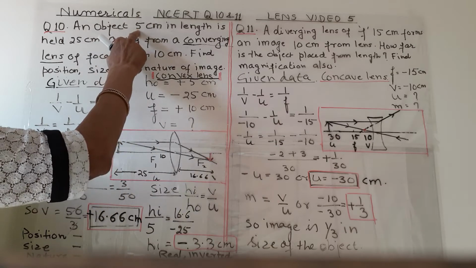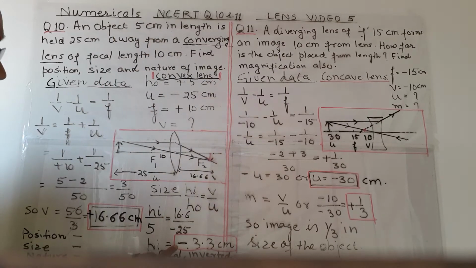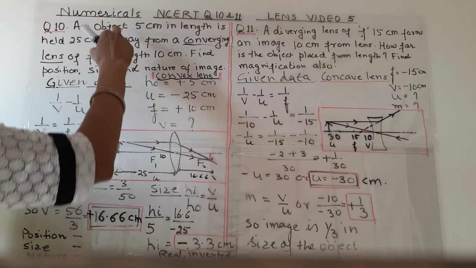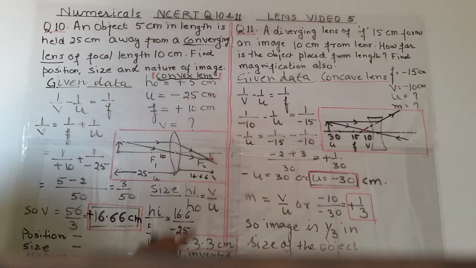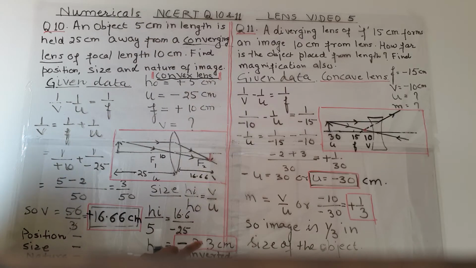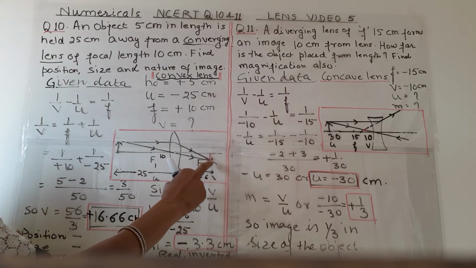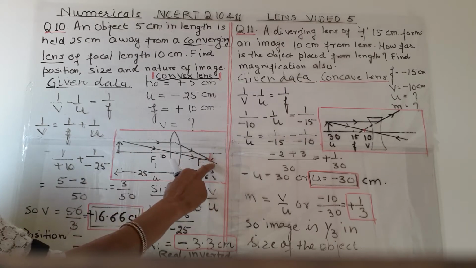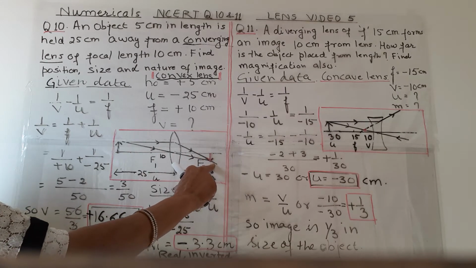The height of the object is 5 and of image is minus 3.3. What does it mean? By 3.3 we see that image is smaller than the object. Object is 5 centimeters and the image is 3.3. We can see this here.